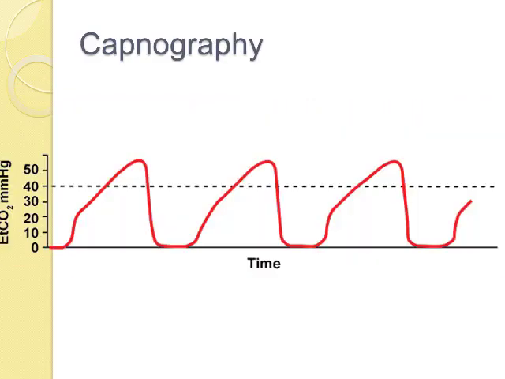You've elected to put this child on capnography and a cannula, and your waveform starts to appear and it looks like this. That shark fin look to that waveform on your capnography is indicative of asthma or maybe a reactive airway issue.